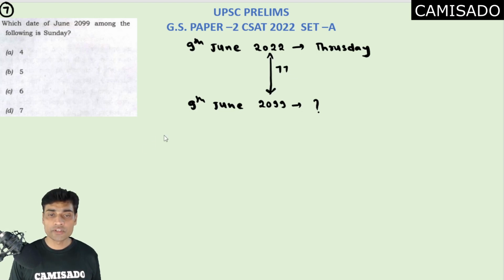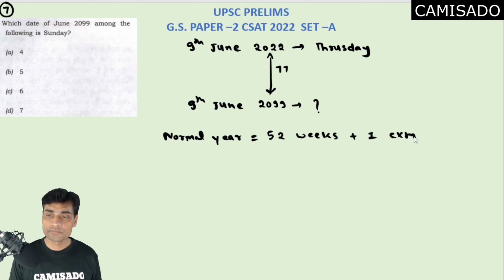Now as we all know, in a normal year we have 52 weeks plus 1 extra day, and in a leap year we have 52 weeks plus 2 extra days.